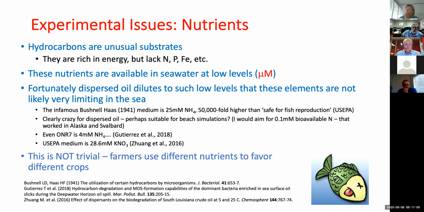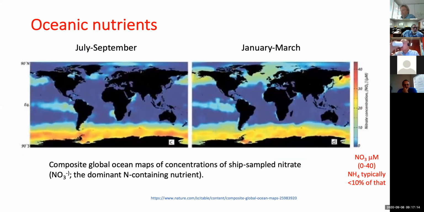And remember this issue about what you use, nitrate, ammonium, you're skewing the system. Some bugs prefer one, some another. You're not mimicking the real world if you add high levels or even any levels of nutrients. Here, for example, are the ocean nutrients from these enormous experiments that are done by oceanographers. And this is between 0 and 40 micromolar.